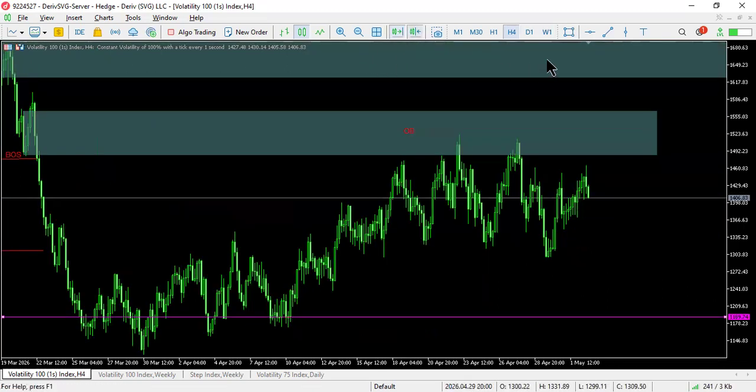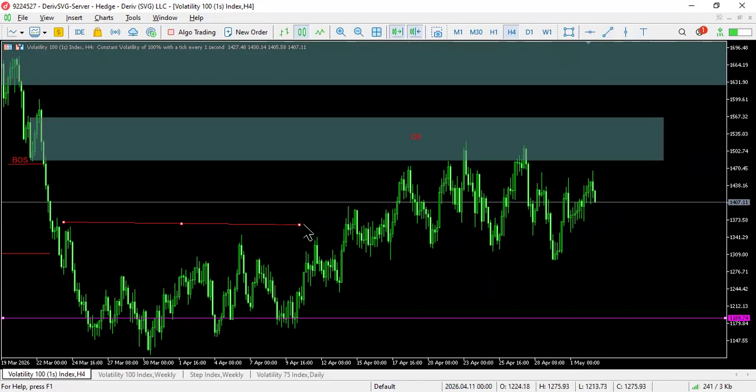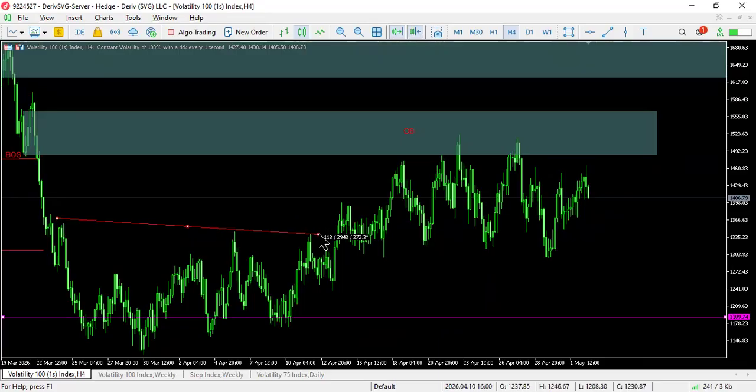And then we can see that price has swept the liquidity that was seated here, the trend line liquidity, and then tapped into our order block, and then we got a push to the downside.